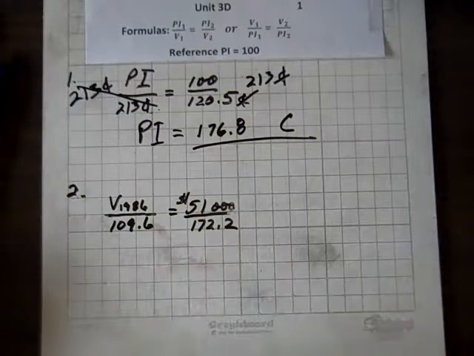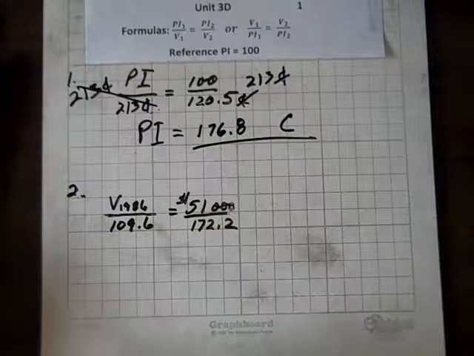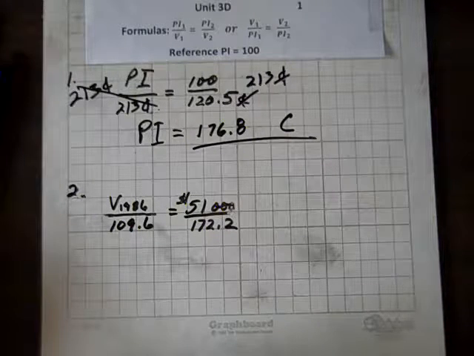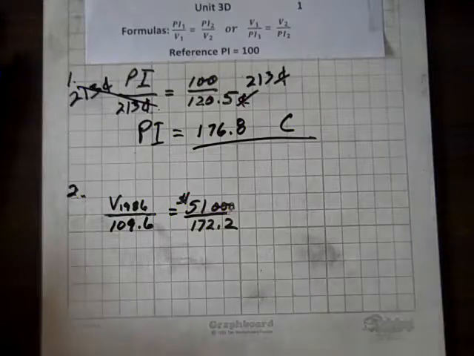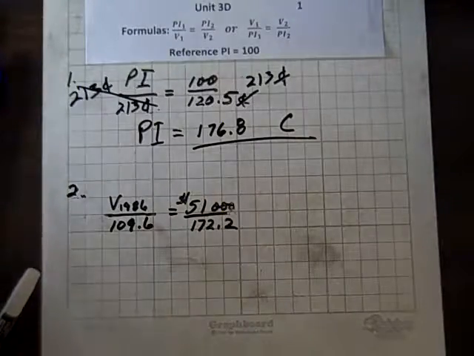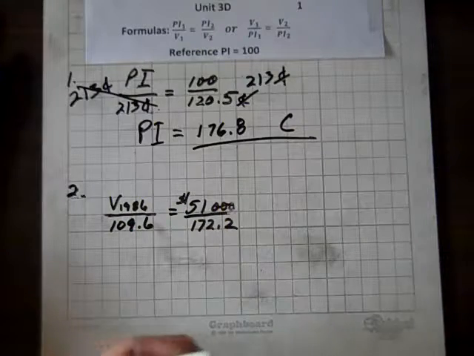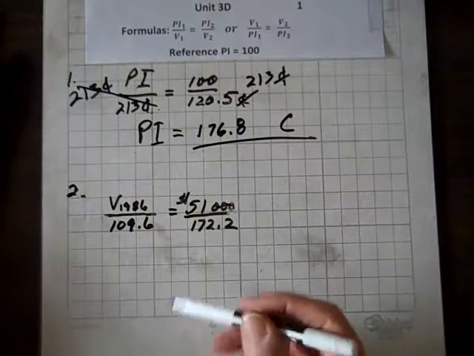Now number 2 has to do with your income, and suppose it took $51,000 to maintain a particular standard of living in 2000. How much would you have needed in 1986 to maintain the same standard of living? So we'll use price indexes for 2000 and 1986.